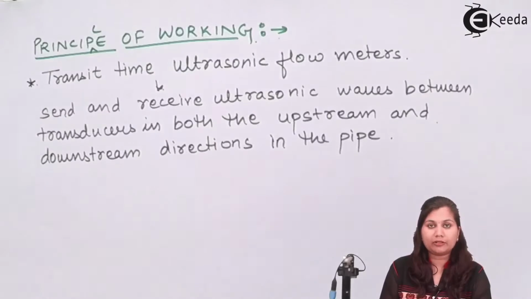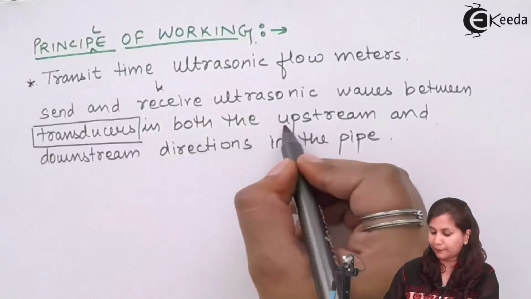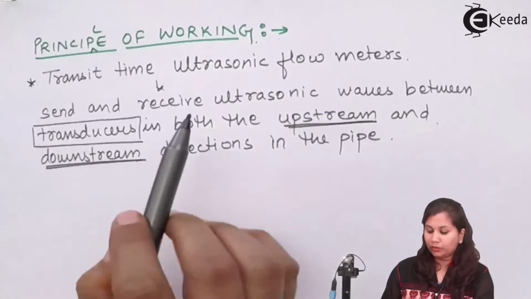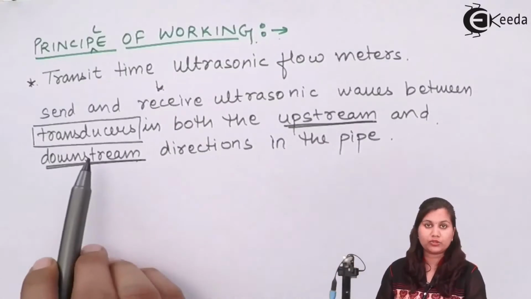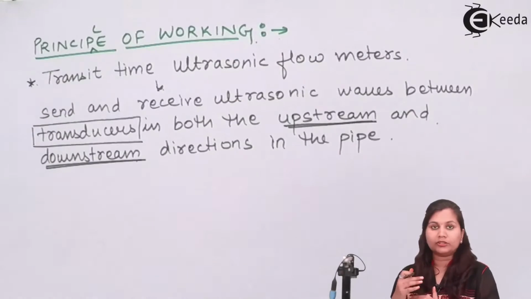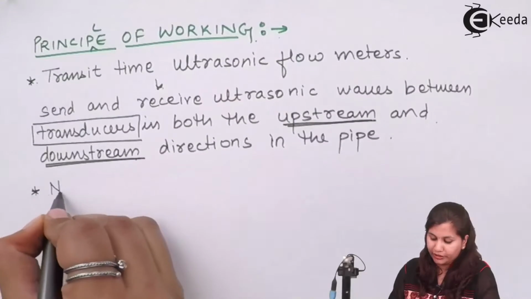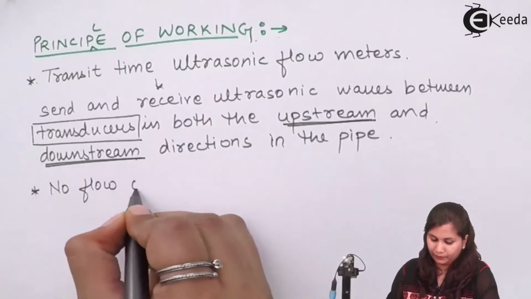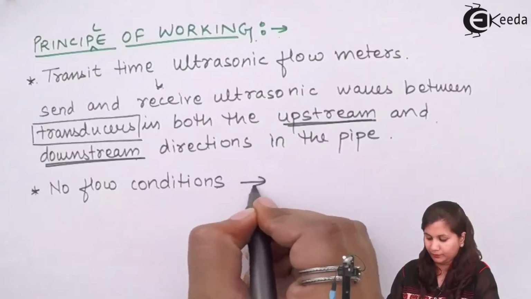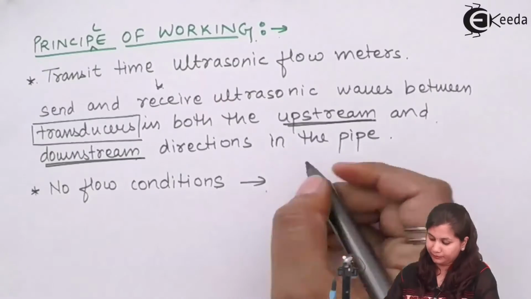So in these transit time ultrasonic flow meters, there will be two transducers. One transducer is in the upstream and the other transducer is in the downstream. Both these upstream and downstream transducers send and receive the ultrasonic waves. The transit time is then calculated, and under no flow conditions, the same time is taken to travel upstream and downstream.